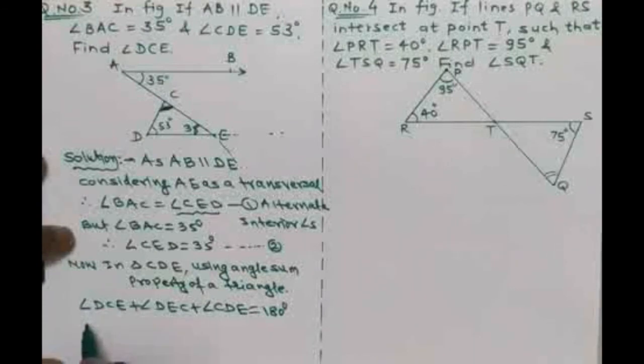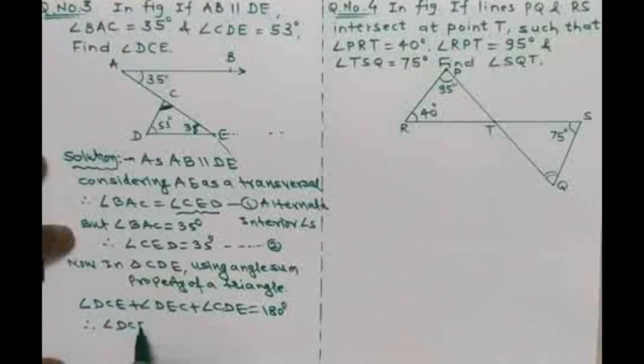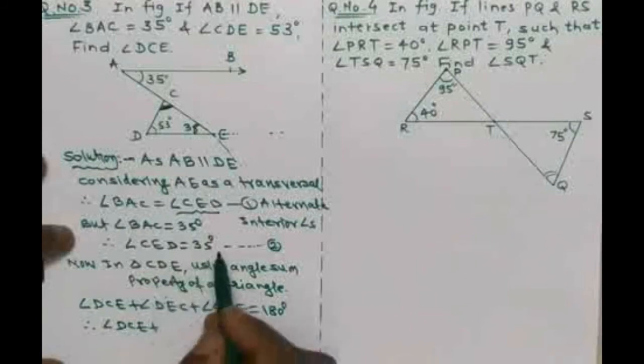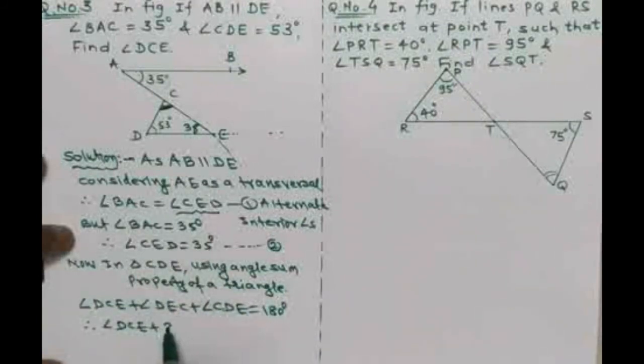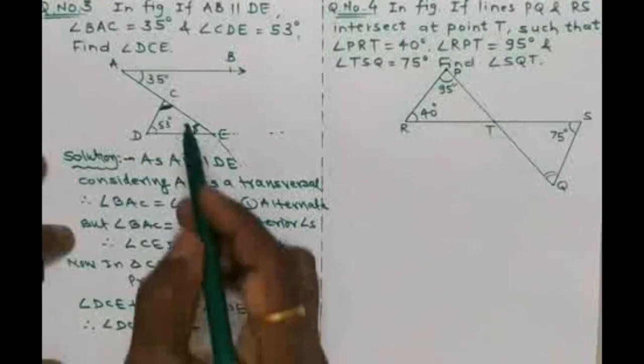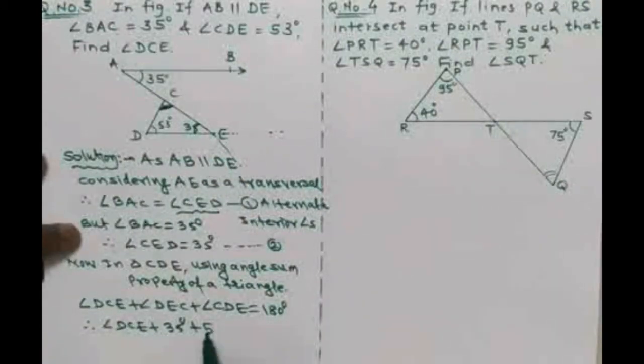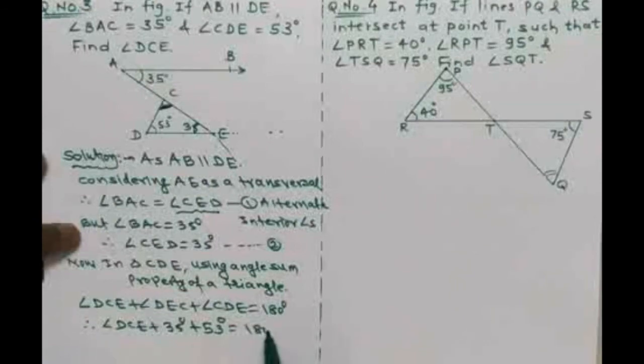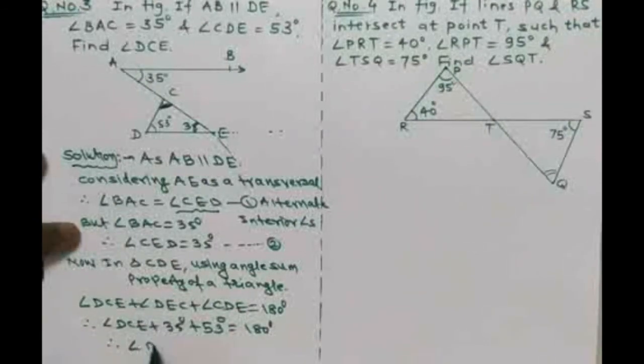Okay. Therefore angle DCE plus DEC, which is 35 degree, plus CDE, which is 53 degree, equals 180 degree. Therefore angle DCE equals 180 degree minus 35 degree and minus 53 degree. So which comes 92 degree. Therefore angle DCE equals 92 degree.